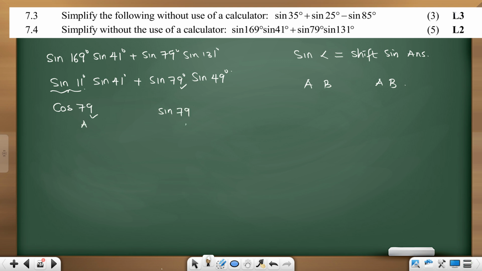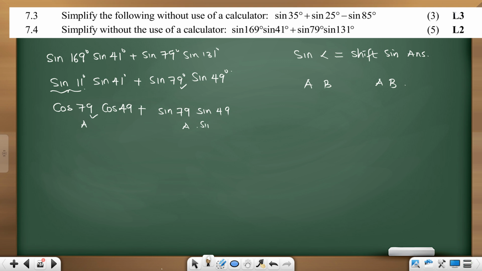Already I see that forms my A. I don't know if that makes sense. Then how can I write 41 as 49? What is 90 minus 41? 49. I'm done. Cos 49, and this remains sine.